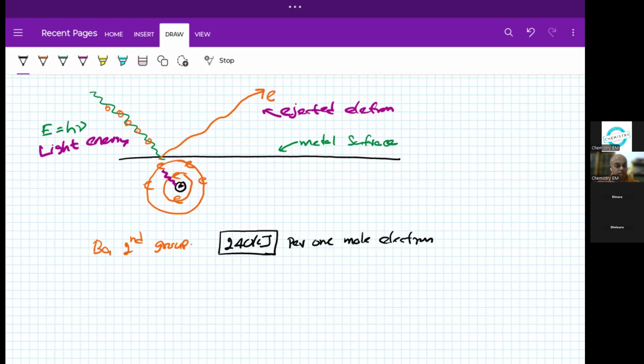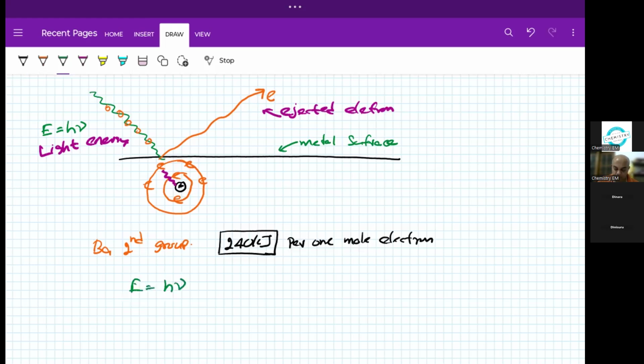It is clearly given: the minimum frequency of light capable of producing a photoelectron in barium. Now, 1 mole of electrons has this energy, right? Since this has energy, electrons also show wave particle duality. They also have a frequency because of this energy. Now we can find the frequency by using the equation E equals h nu.